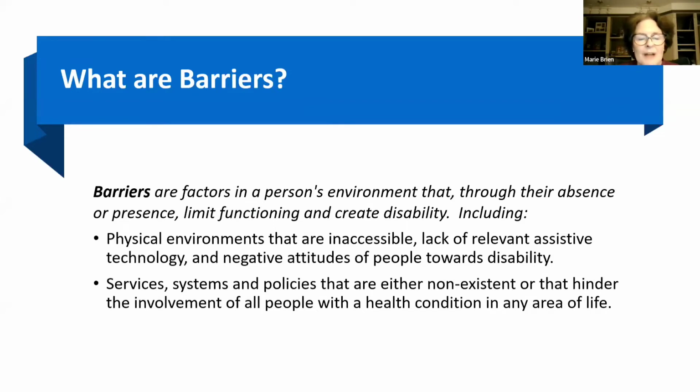And as well, negative attitudes of people towards disability. We also have services, systems, and policies that are either non-existent or that hinder the involvement of people with a health condition in any area of life. So barriers are things to be addressed in terms of facilitating participation.